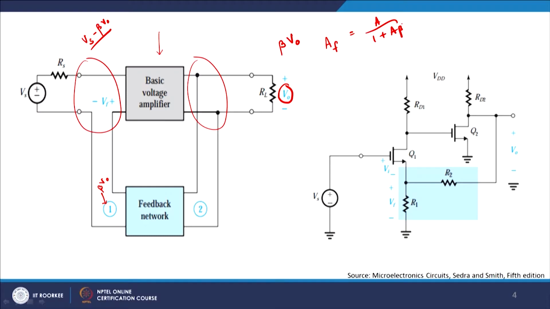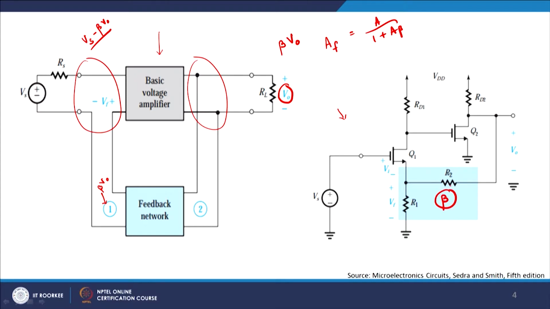Now, I will give you an example. For example, the actual voltage gain series network which you will see here is an example of a voltage amplifier. This circuit here, R1 and R2, is basically your beta.